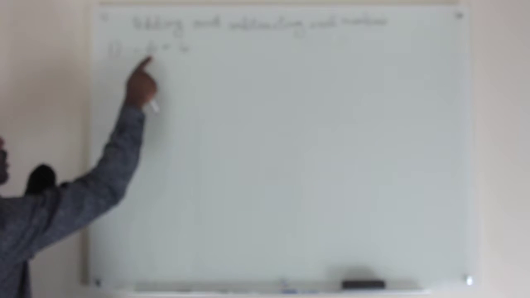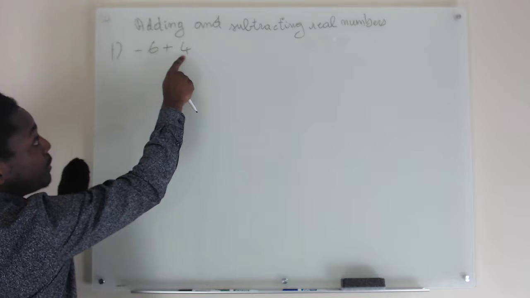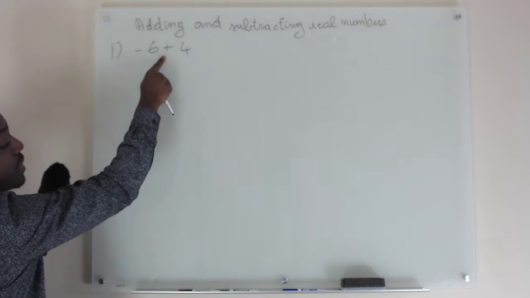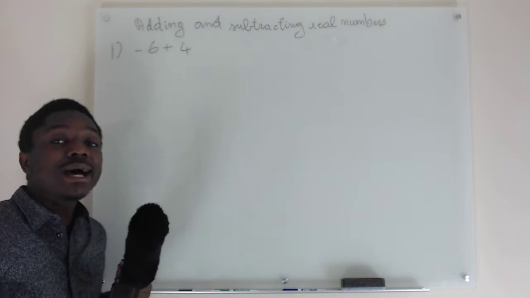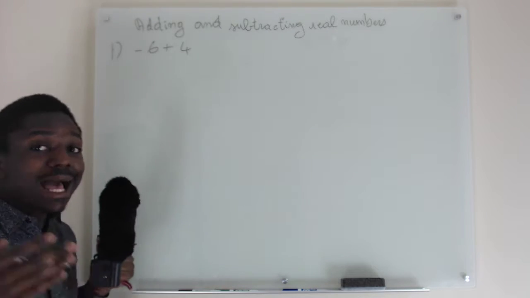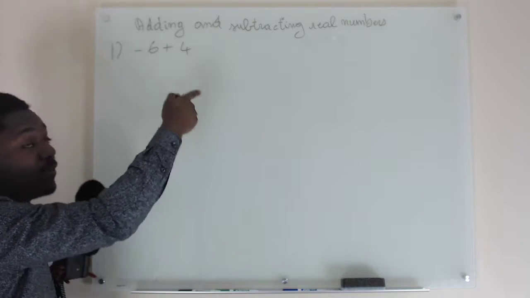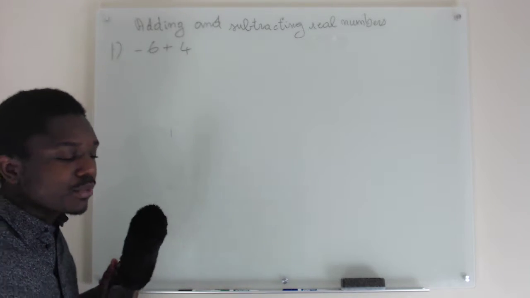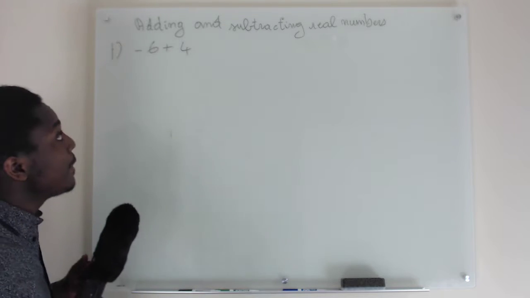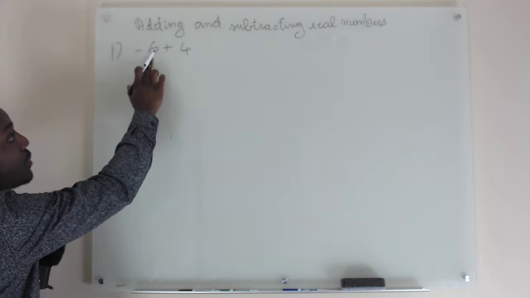So the sign of the number 6 is negative. The sign of the number 4 is positive. So now let's forget about the signs and ask ourselves between the number 6 and 4, which one is bigger? Obviously, 6 is bigger.